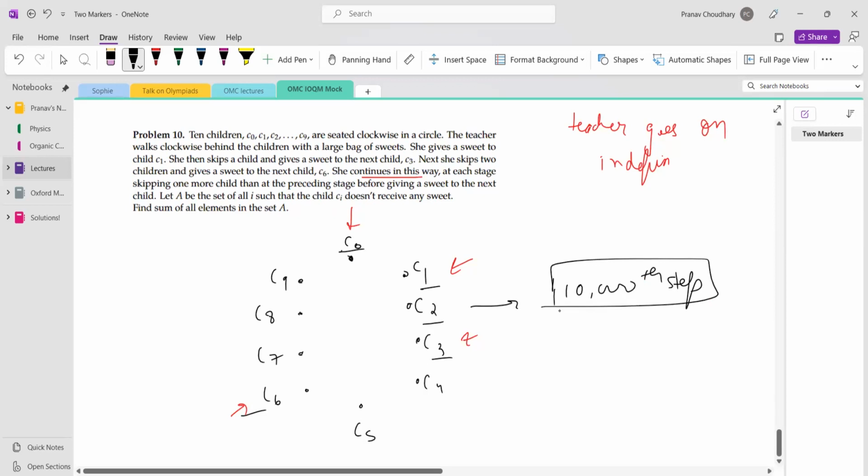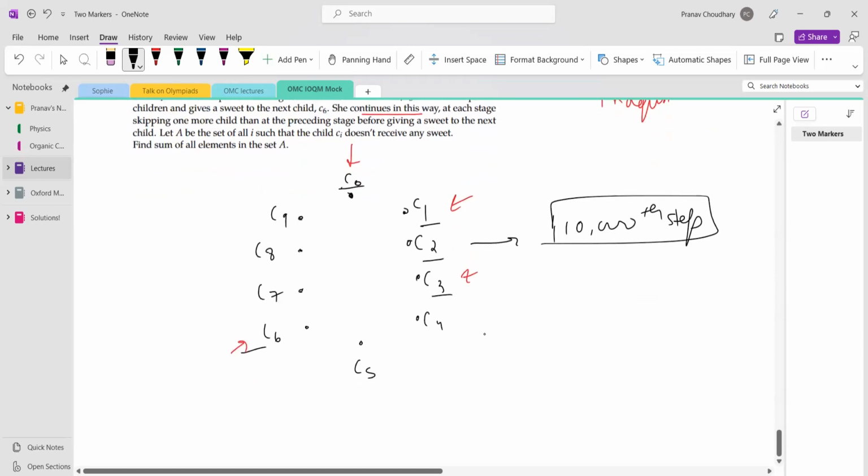There are only 10 kids and the teacher is following a given pattern, so after some 20, 30, 40 moves, you should be able to determine which kids receive sweets and which kids do not. So it's about finding that pattern. Let's see what the teacher is doing.